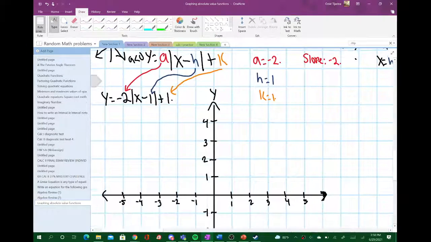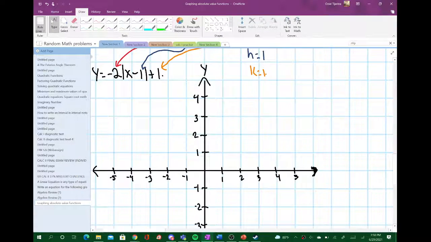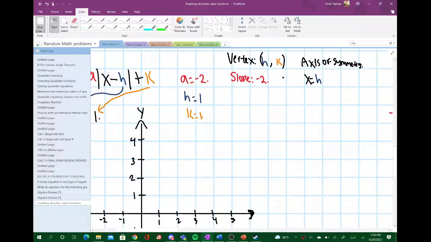Now, we know that the axis of symmetry is x equals h, and that's really just x equals 1.